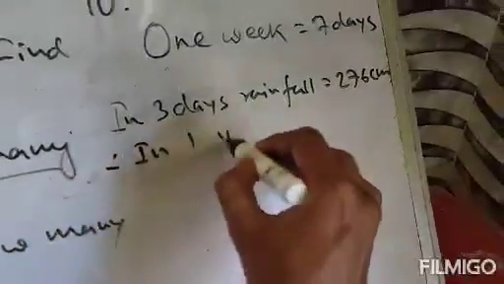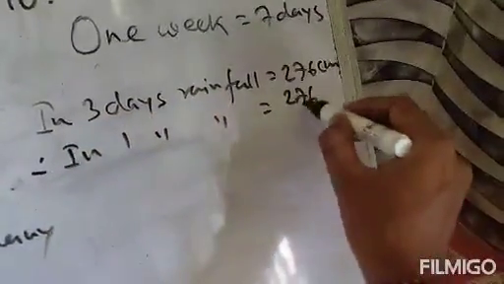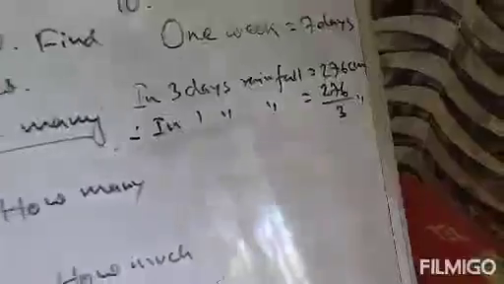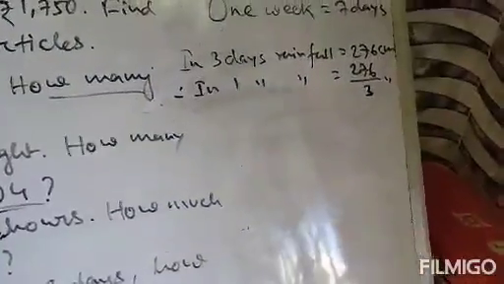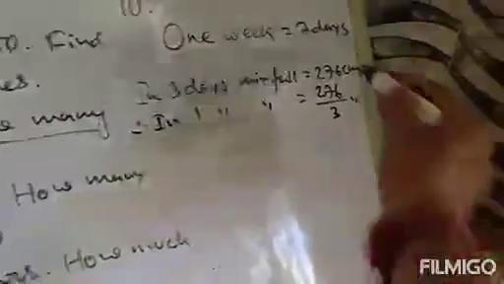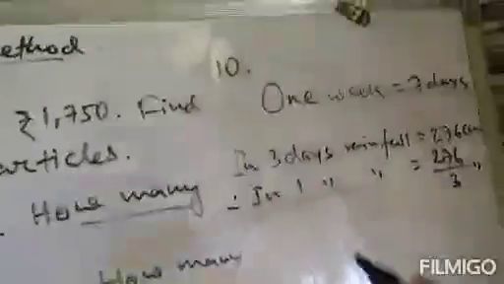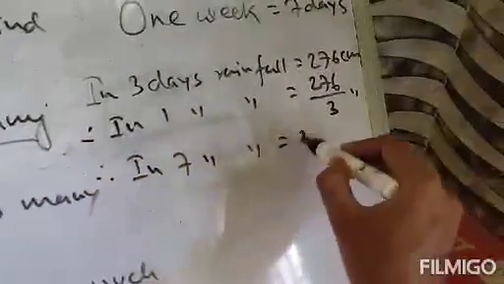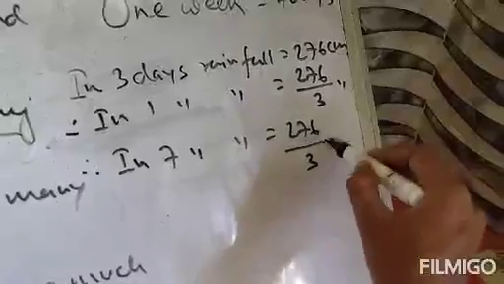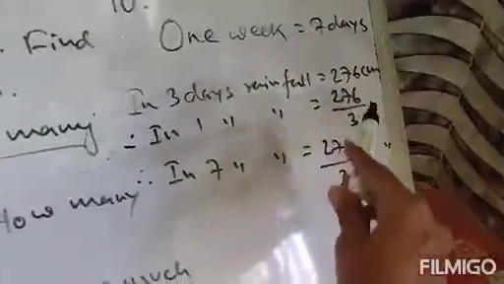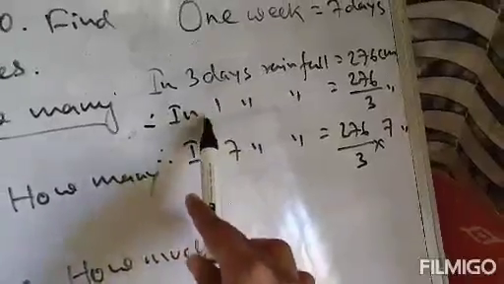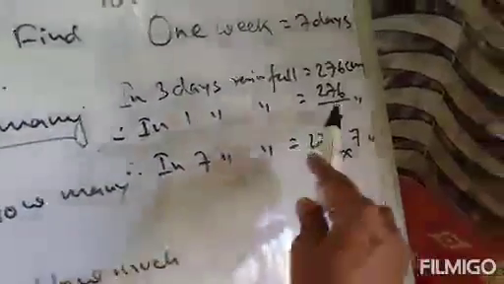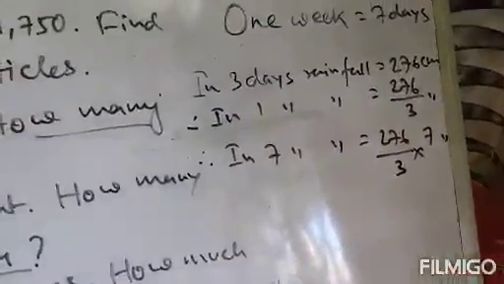Therefore in 1 day rainfall will decrease, because if in 3 days it has rained 276 centimeters, then in 1 day the number of days decreases, so rainfall will also decrease. Now we have to calculate in 7 days. So in 7 days obviously the rainfall will increase, because the number of days increases from 1 to 7, so rainfall will also increase. So increase means multiply.